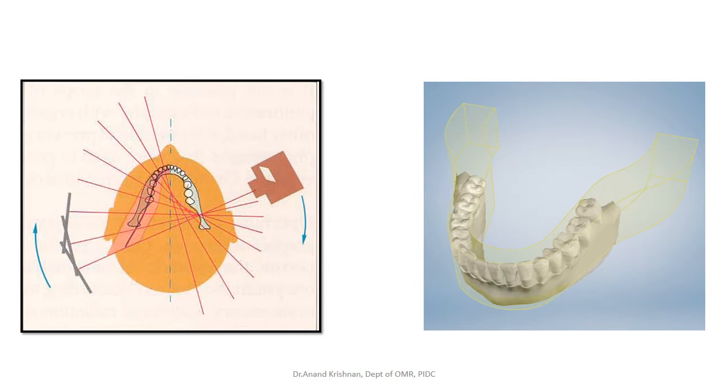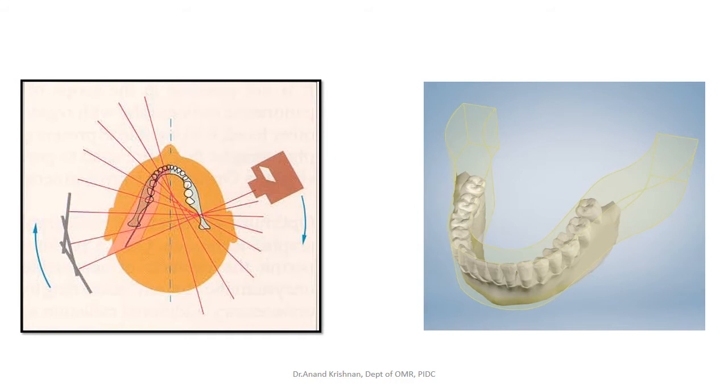So what happens is it will start at one point. In the first image you can see that there are multiple lines here and there, but if you just focus within the mandibular area, you can see that there is a triangle being formed. The 3 points of the triangle will be the main center of rotation. This center of rotation will not be stationary. It will keep shifting.